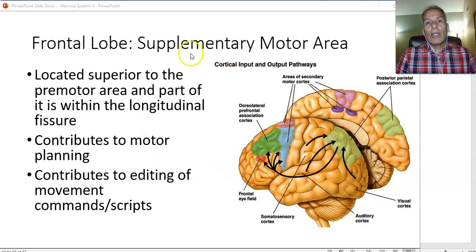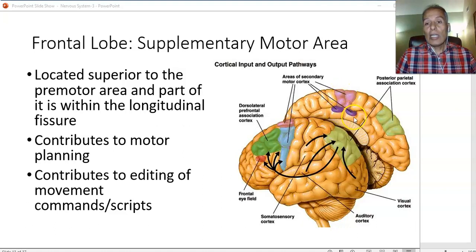So then the supplementary motor area, as you see here, lies superior to the premotor cortex and anterior to the motor cortex, and it also extends between the two hemispheres.